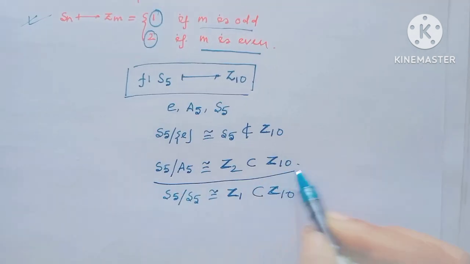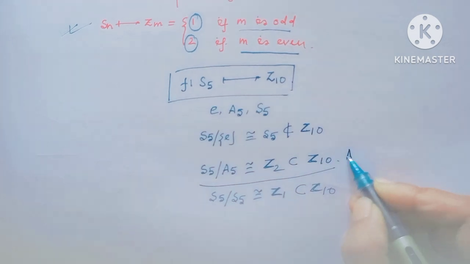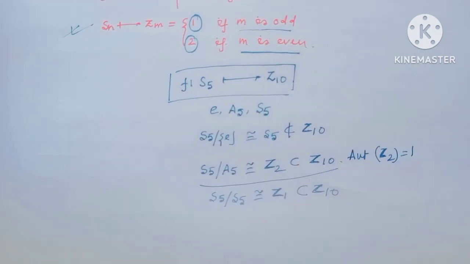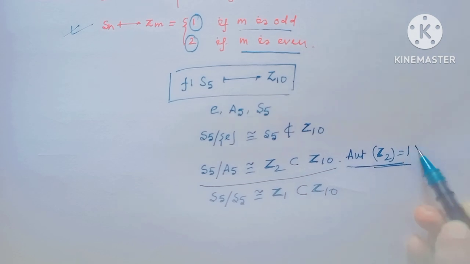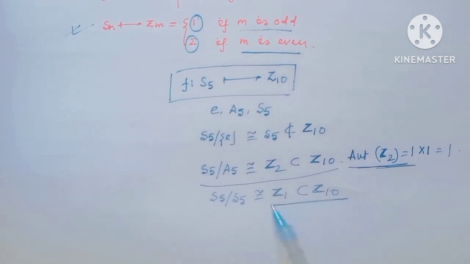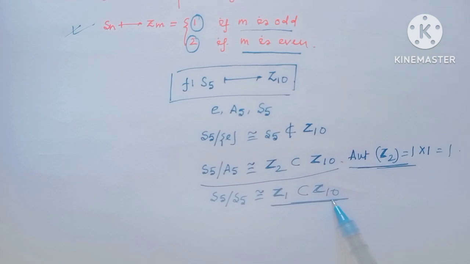And for this, the automorphism of Z2 is 1, and we all know in Z10 there exists one subgroup of order 2. So this would be 1 times 1, which is 1. Here for Z1, this is actually the trivial homomorphism.